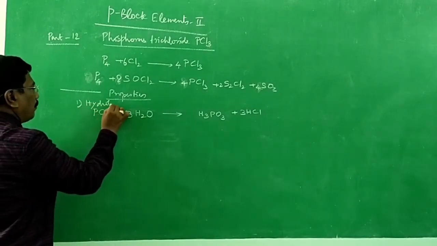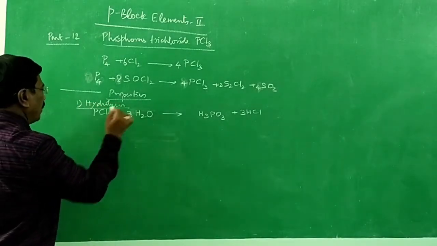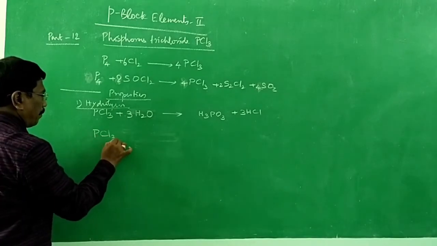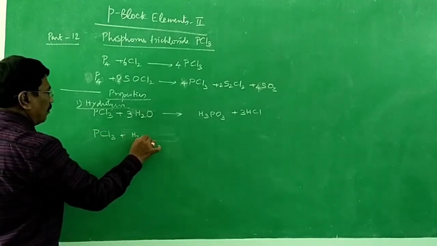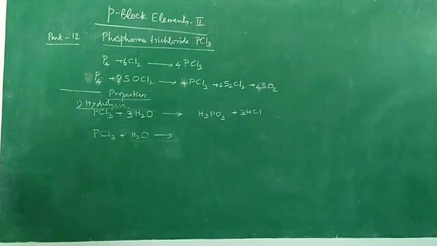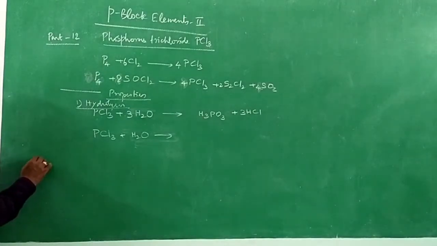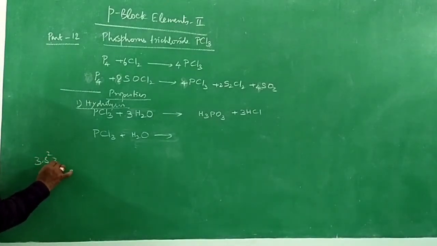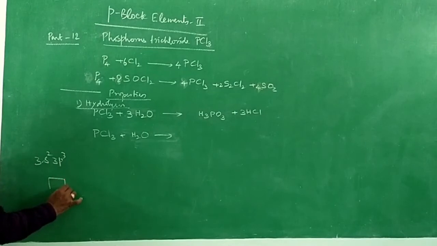But actually, the reaction proceeds in a different manner. PCl3, when made to react with water, what is happening? The water molecule is making a coordination bond with PCl3, using the d orbital of phosphorus. Phosphorus in the outermost energy level has 3s2, 3p3 as the electronic configuration.